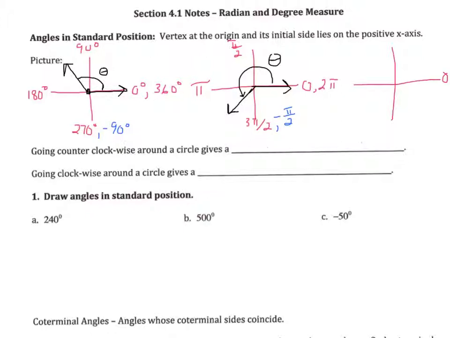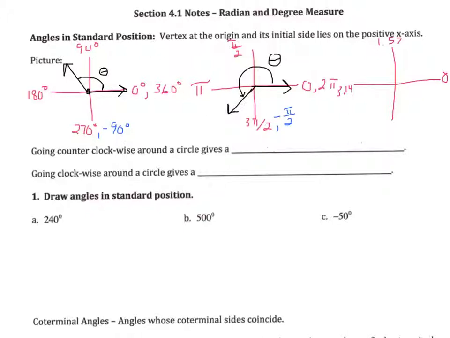We know that pi is equal to about 3.14. So 3.14 would be our decimal measure for pi radians. And then half of 3.14 is about 1.57. So that would be the measure for pi over 2.